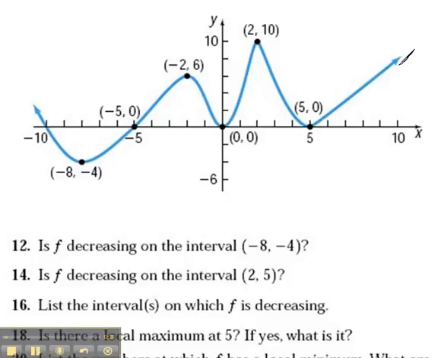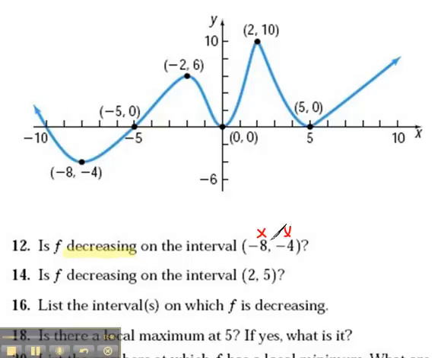All right. This first question says, is this function decreasing on the interval from -8 to -4? Now, because they said the interval, that means that these are both x values, because remember, intervals are named using the x values only. So that's not talking about the point -8, -4.